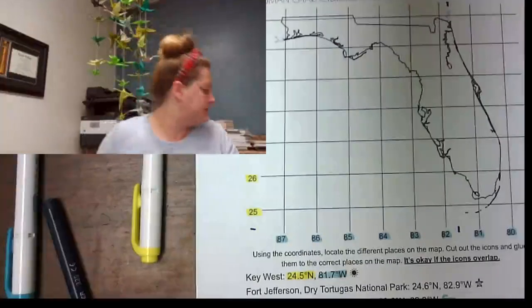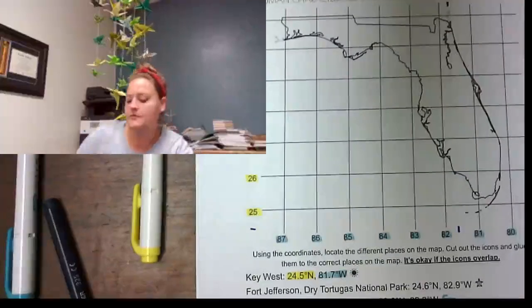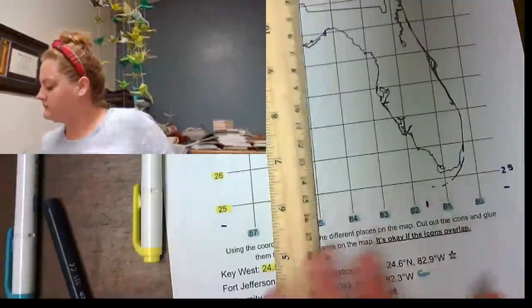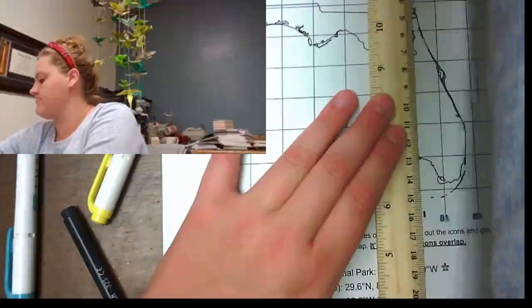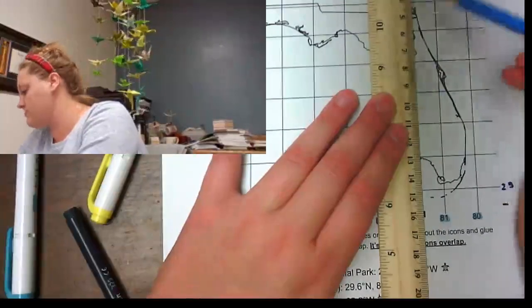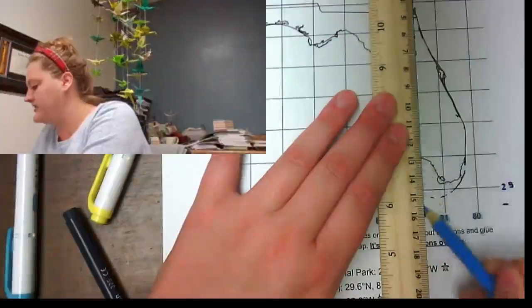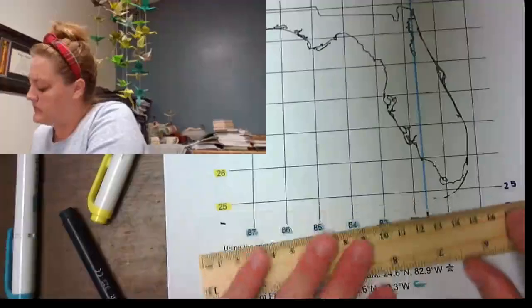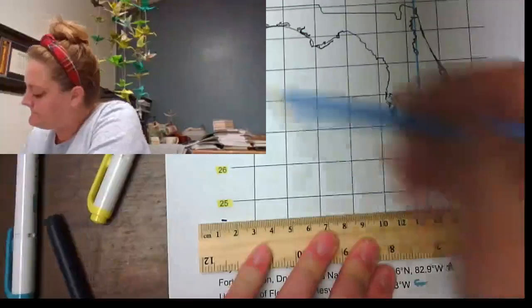Now we can use our ruler to draw a nice straight line. Well, usually we start here with the latitude, but I've already marked both, so it doesn't really matter.